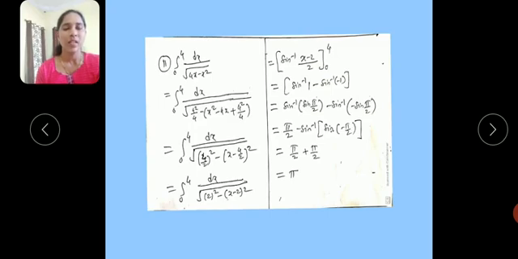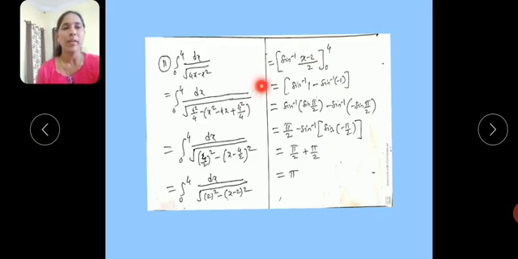Here, making it a perfect square, we get the formula sin inverse of x upon a. Here the value of x is x minus 2 and the value of a is 2. Now this is equal to sin inverse of x minus 2 divided by 2, integration from 0 to 4.